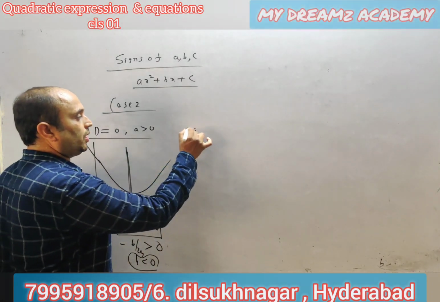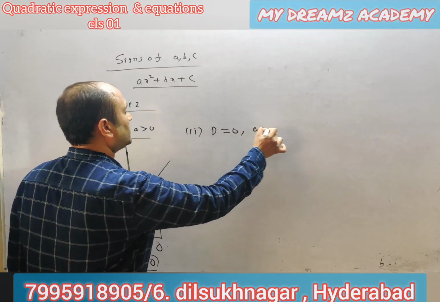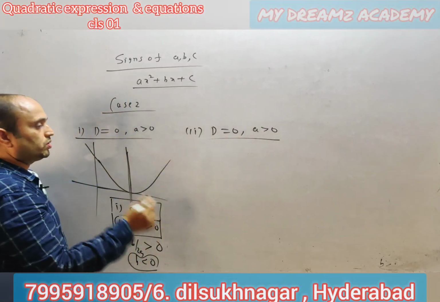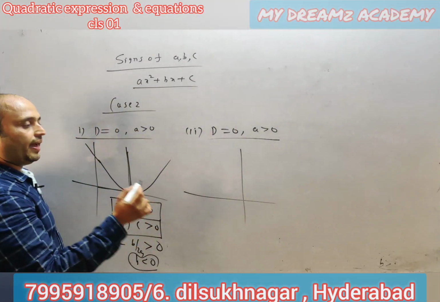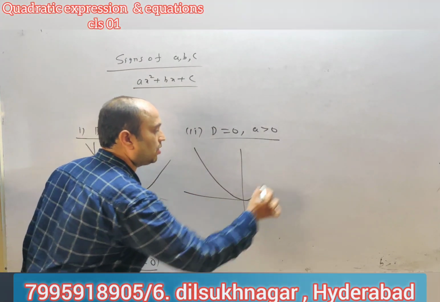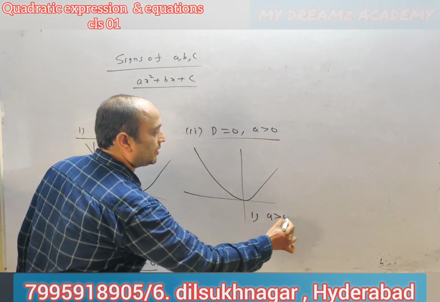Suppose a different case, discriminant equal to 0 and a greater than 0, where the same curve lies on the y-axis. First, a is greater than 0.